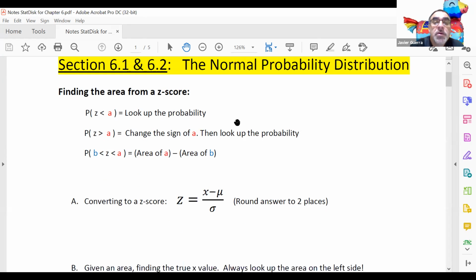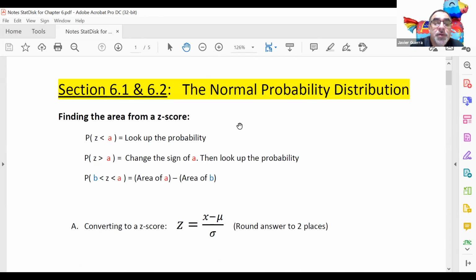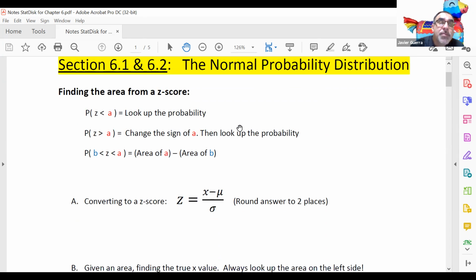Okay, so this handout that I shared with you, now, you can do it by hand, all right? The first page of this handout, the top part, where it says finding the area from a z-score, that's doing it the long way. So if you want to use the book, they have a chart in the back of the book, and you want to do it the long way, you can do it the long way.